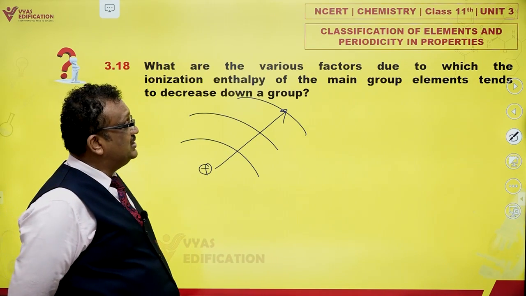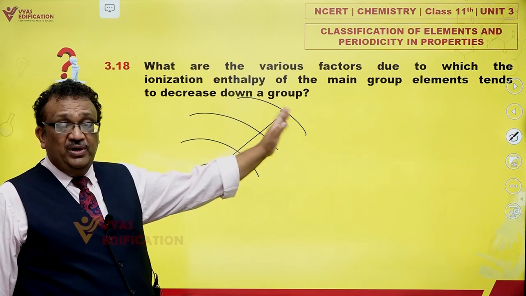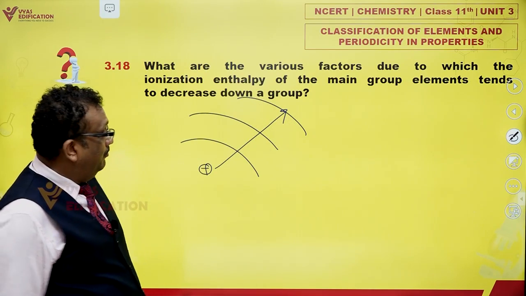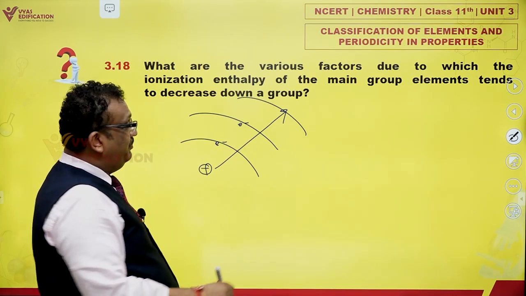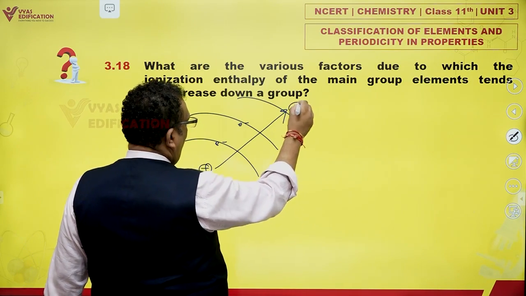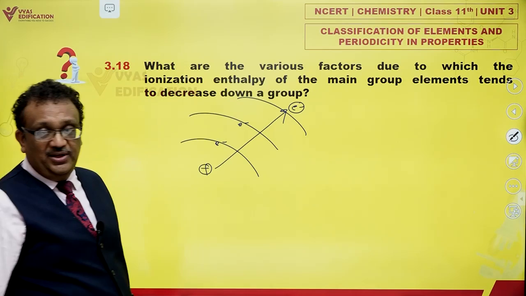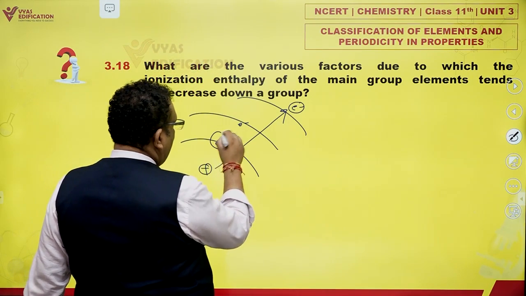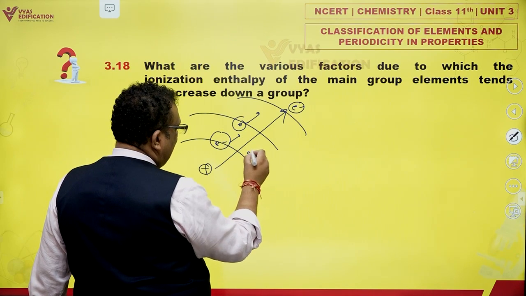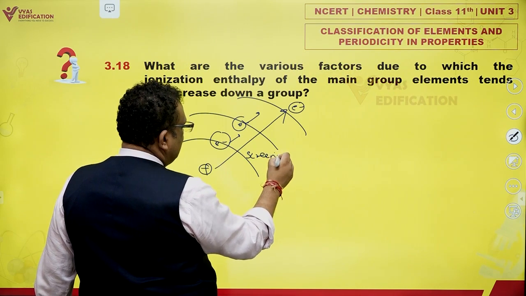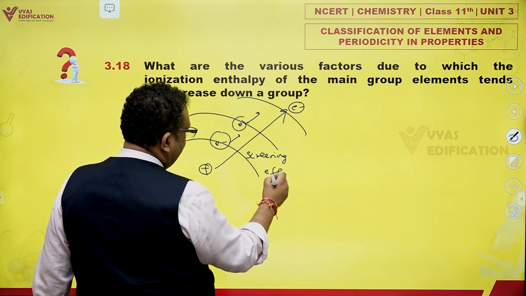Is there one more factor? Yeah. What is that? As we are moving down the group, more and more electrons are present between the outermost electron and the nucleus. These electrons in the intermediate shells also exert something called the screening effect.